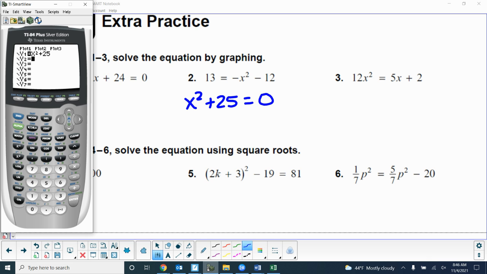What thing? Where the line crosses over the x-axis. Where our parabola crosses the x-axis. So when I hit graph, watch to see where the parabola crosses the x-axis. Did it? No. So if we're doing it graphically, what's our answer? No solution.